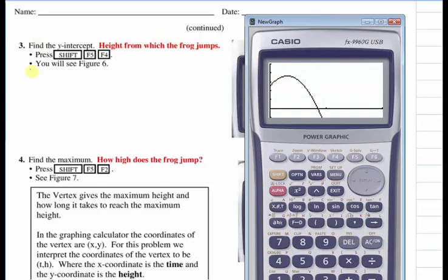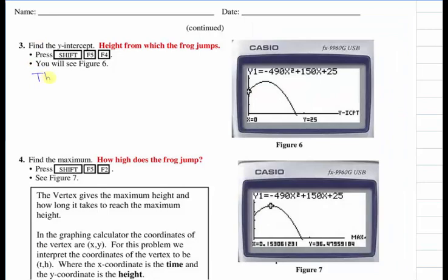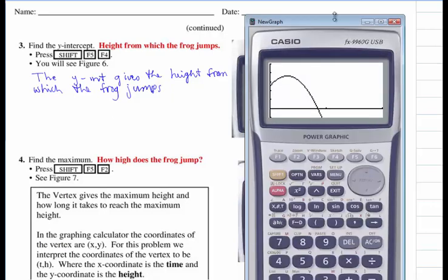So your y-intercept gives the height from which the frog jumps.